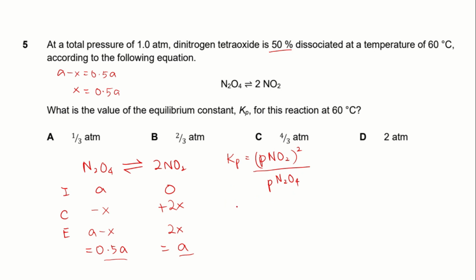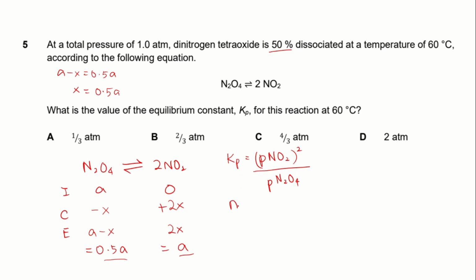Now, before we can calculate a value, I need to find the partial pressure of the reactant and also the product. And I need the mole fraction for these two, reactant and product. Now, how to find the mole fraction?